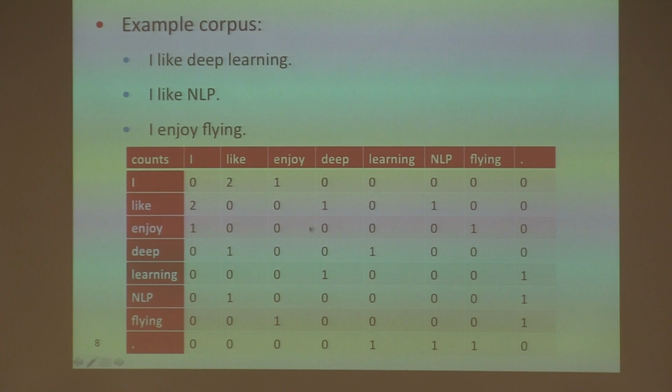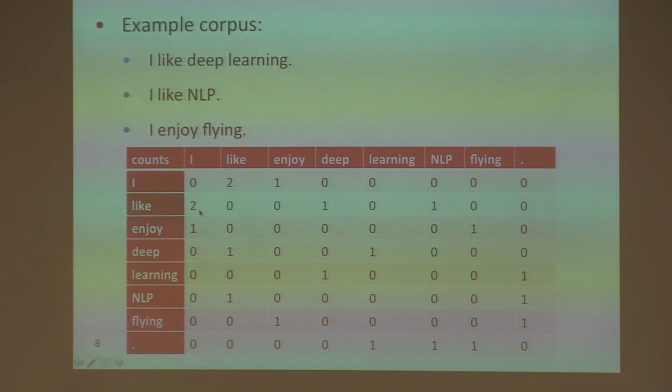So here we basically say, all right, for I, in the context of the word I, just 1 word to the left, 1 word to the right, I see like twice. Let's assume for now that there is no beginning of sentence token, so we just kind of ignore the first word's left neighbor and just assume there is none. And then we also for I have enjoy. So like and enjoy are the 2 neighboring words for the word I.